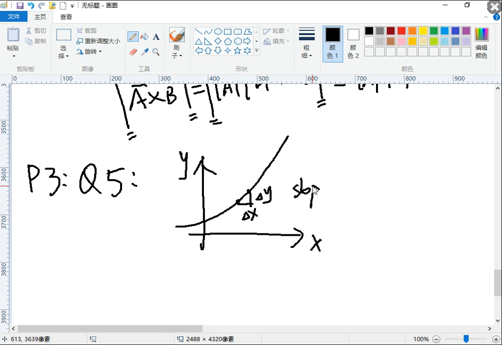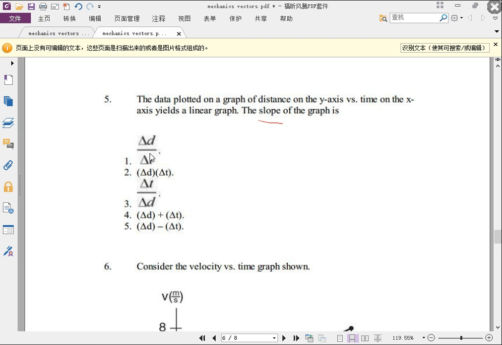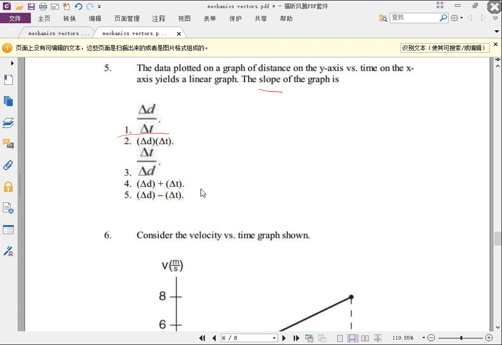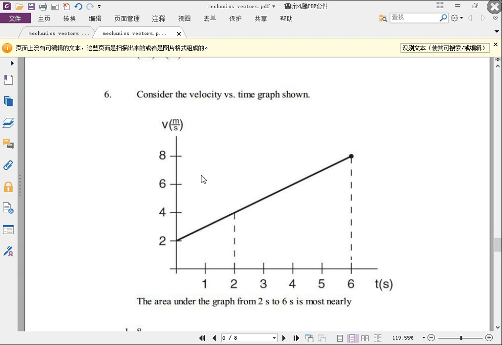Then the slope is delta y over delta x. To be more strict, you need to limit delta x to 0. So slope is defined as delta in y component over delta in x component.